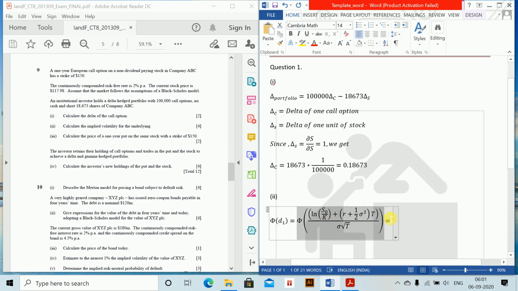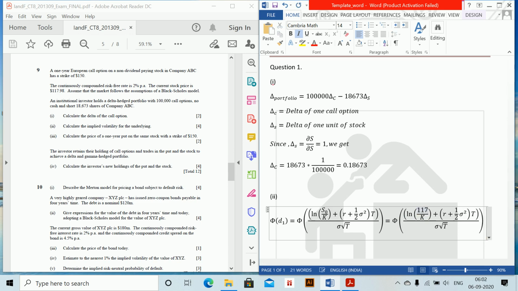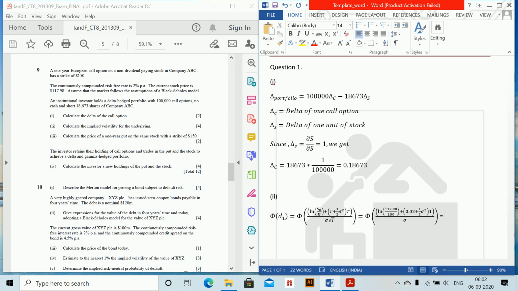Copying this, pasting and putting the values: S naught is 117.98, K is 150, R is 0.02, sigma we need to take out, T is 1. So this entire thing is equal to 0.18673.